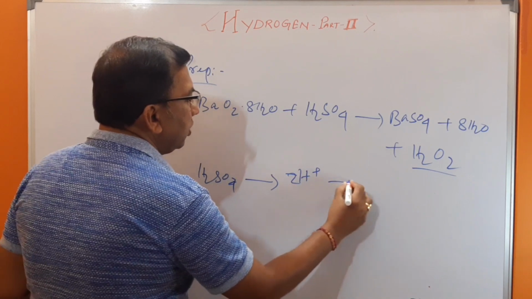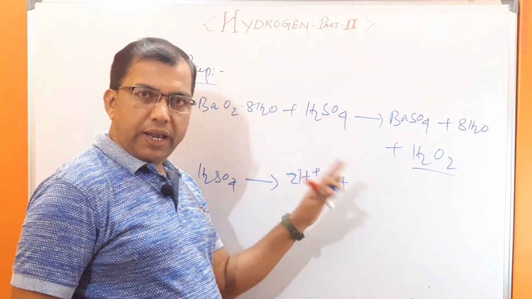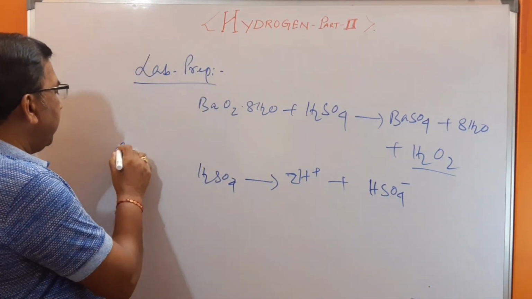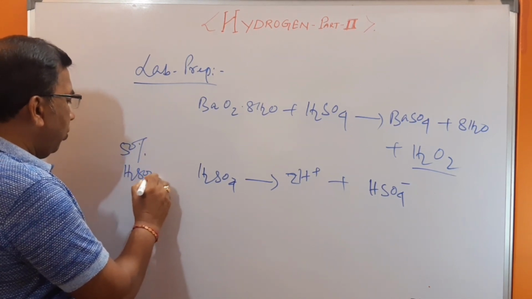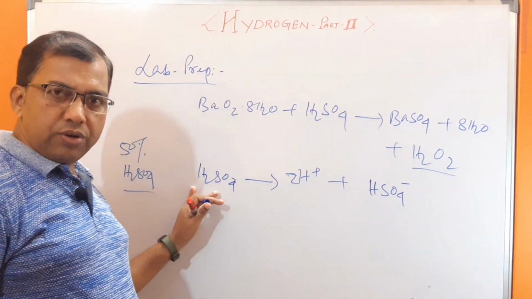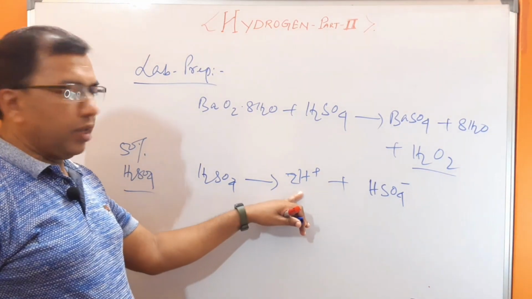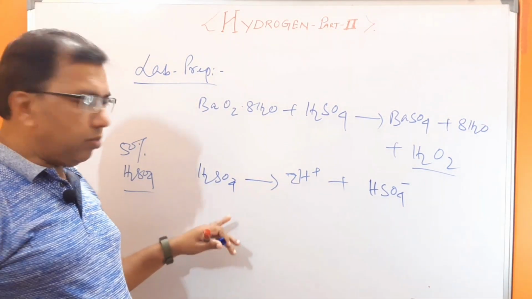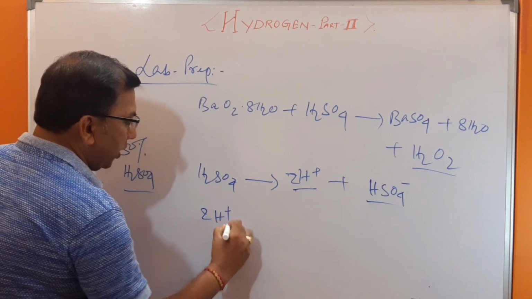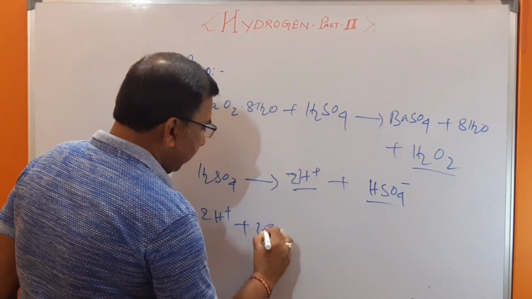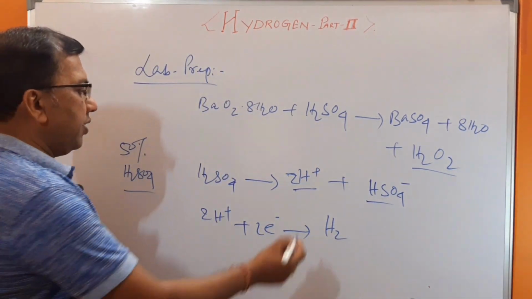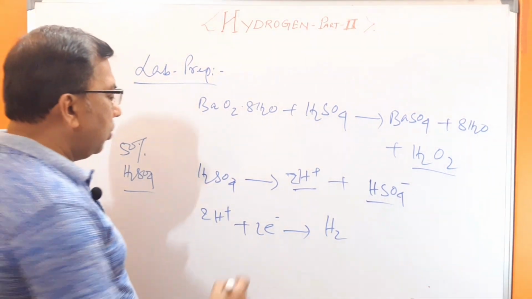H2SO4 ionizes to form H plus and HSO4 minus. At the cathode, 2H plus accepts electrons and forms H2, hydrogen gas, and at the anode, 2HSO4 minus.